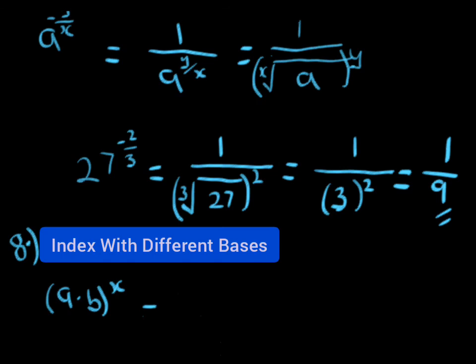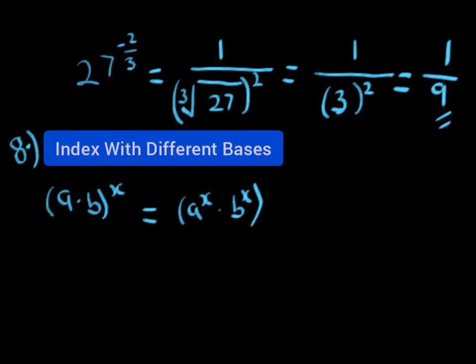And in the end, this gives us A raised to power X multiplied by B raised to power X. What happens in this case is that this X will be distributed across both A and B. For example, if we are given 2 times 5 raised to power 2, so this gives us 2 square times 5 square.